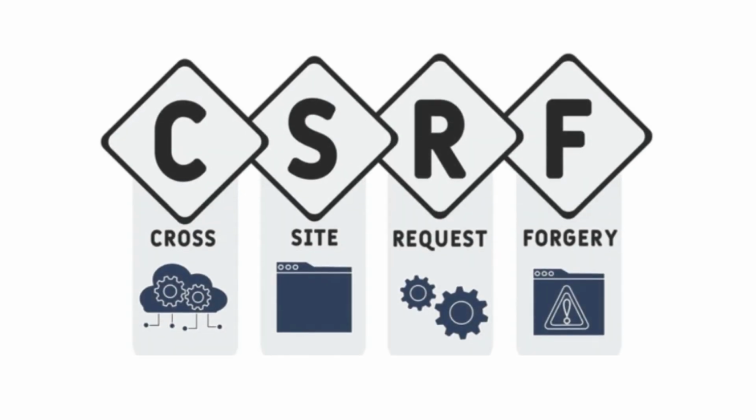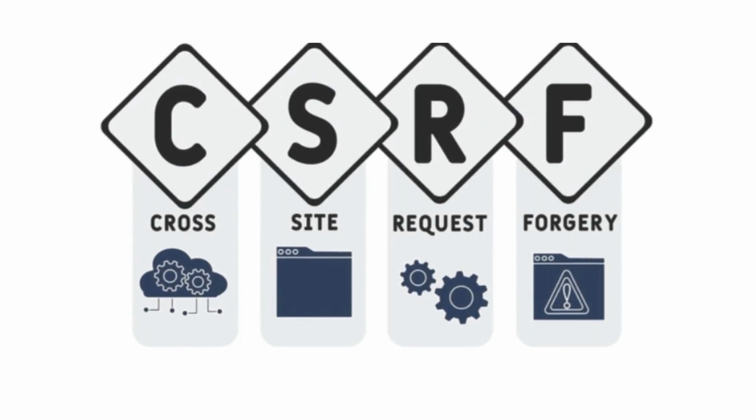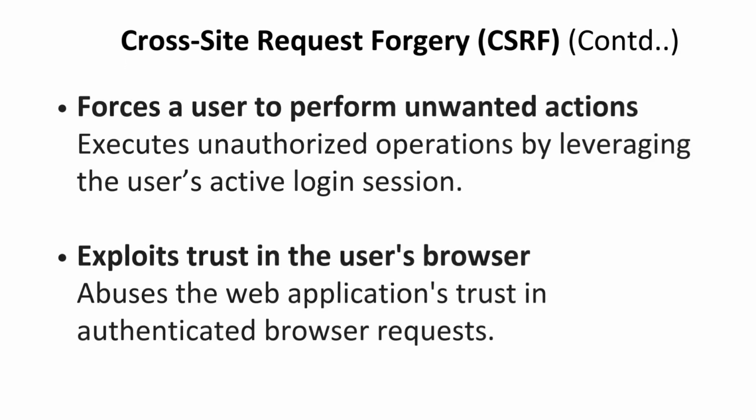So this is cross-site request forgery. It forces a user to perform unwanted actions. It executes unauthorized operations by leveraging the user's active login session. It exploits trust in the user's browser, and abuses the web application's trust in authenticated browser requests.